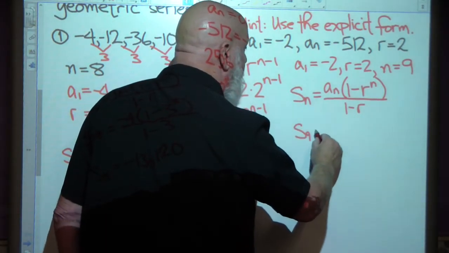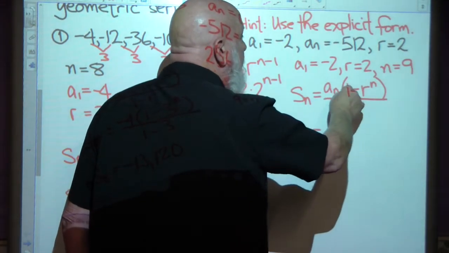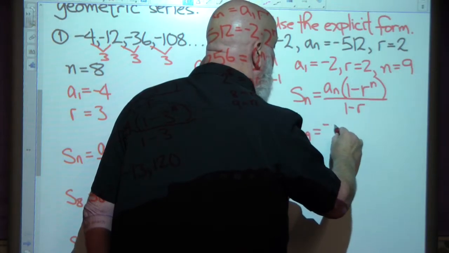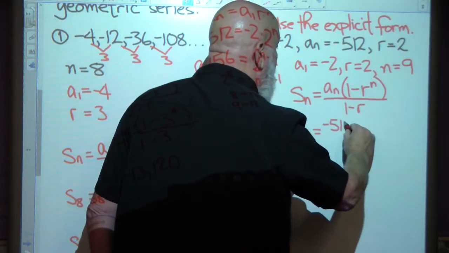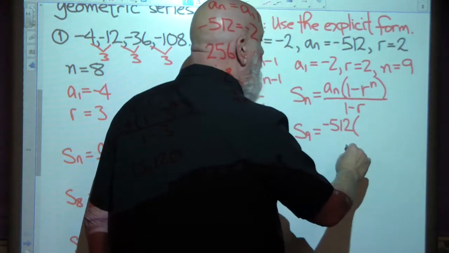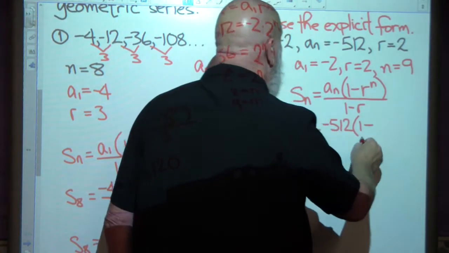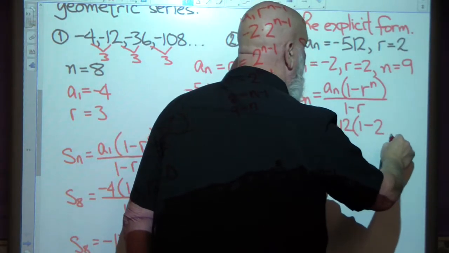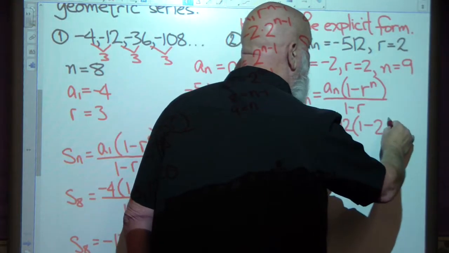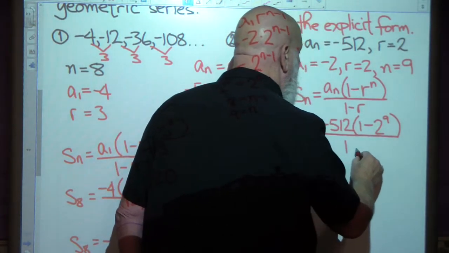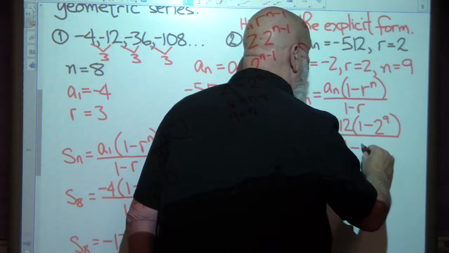The 9th term is going to be A sub n, they gave that to us, negative 512, the nth term, times the quantity 1 minus r, which is 2, to the n, which is 9. All of this divided by 1 minus r, which is 2.